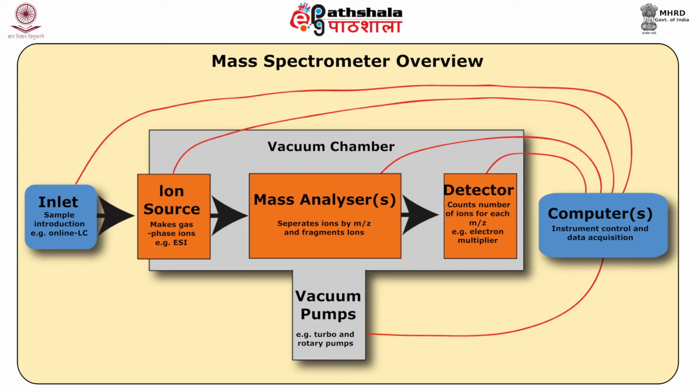Second, in the mass analyzer, normally the ions are separated according to their m by z ratio. Lastly, the detector detects the separated ions to be analyzed, and the results are depicted on a chart.